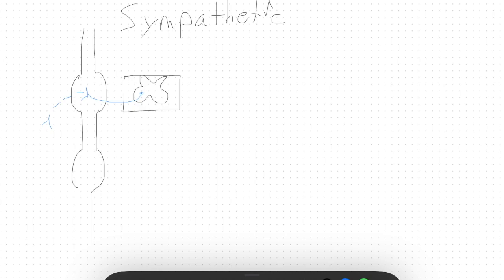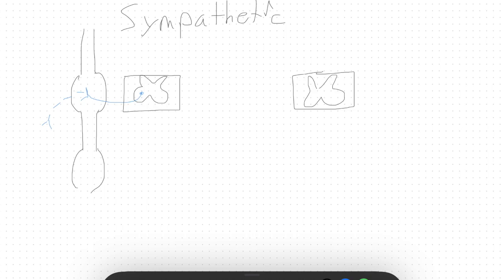The sympathetic division is known for the fight or flight system of the body, which increases heart rate, dilates bronchioles, constricts blood vessels in non-essential organs, and releases glucose from the liver.